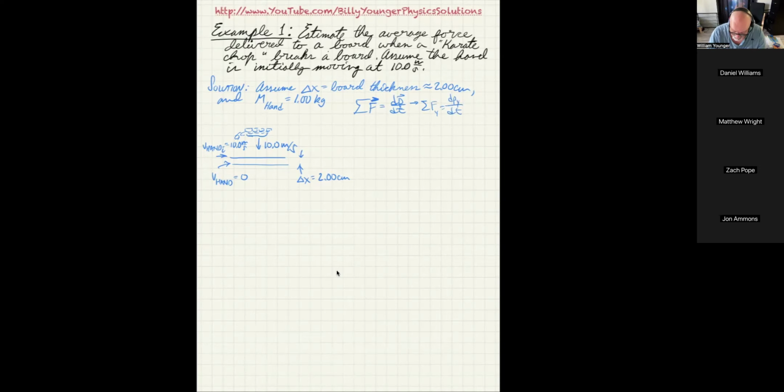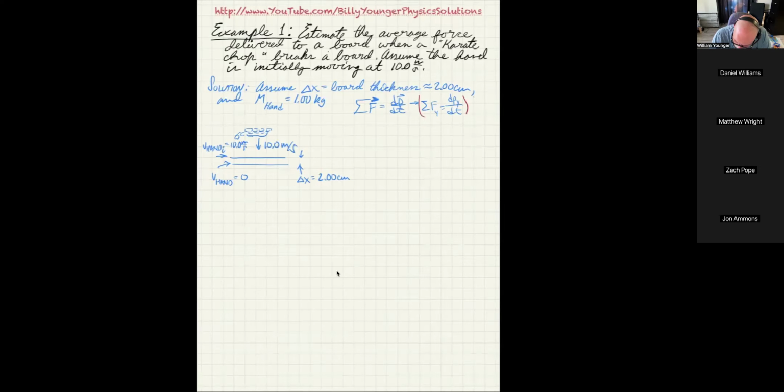What we want to get, though, is the average force. So if we manipulate this equation in such a way that we can come up with an equation for impulse, then we could possibly figure it out.